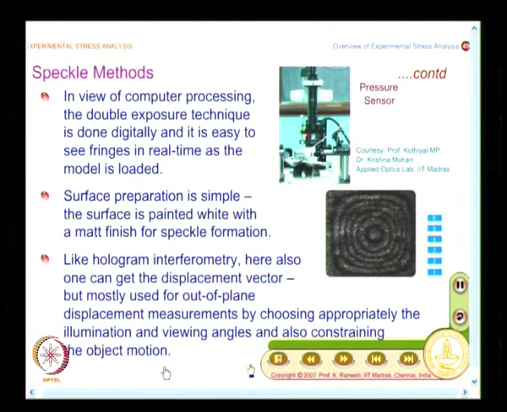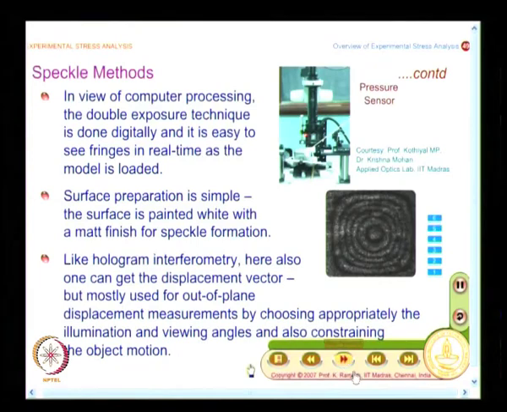All these have to be used for finding out specific components of displacements. On the other hand, Moire, by choosing the grating, your interpretation becomes simple. Here it is involved because you collect more information, and so you have to be systematic in filtering out what is it that you need.